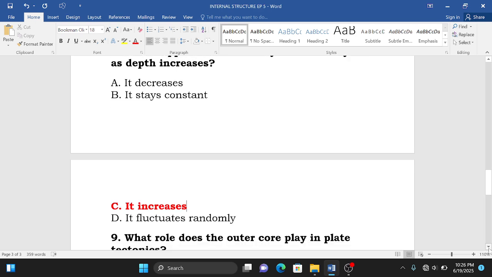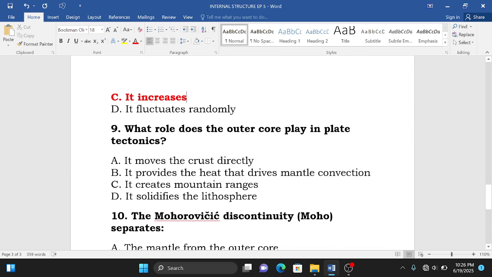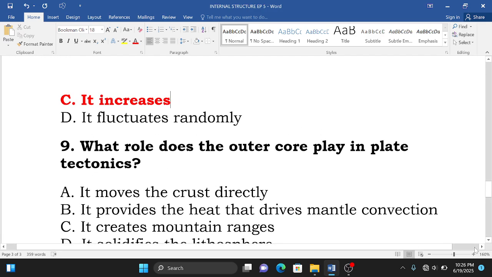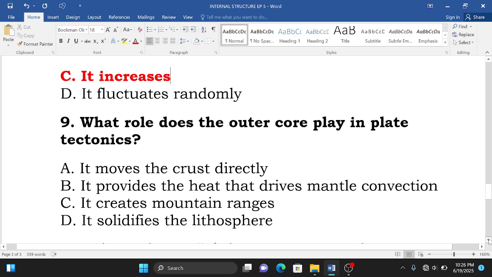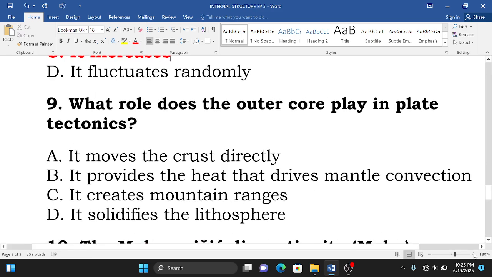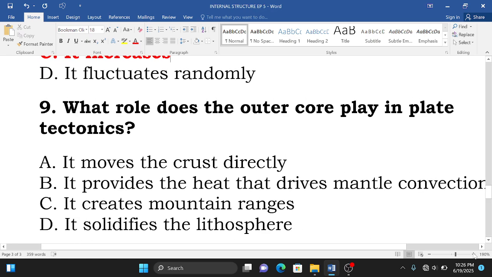The question number 9 is asking what role does the outer core play in plate tectonics?